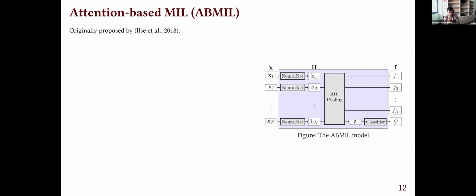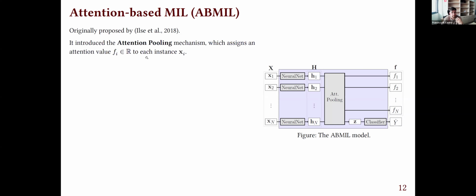I would like to briefly introduce a model which is a little bit old. It was proposed in 2018, but it somehow set the framework for what today's multiple instance learning models are doing. The idea is simple but very powerful.